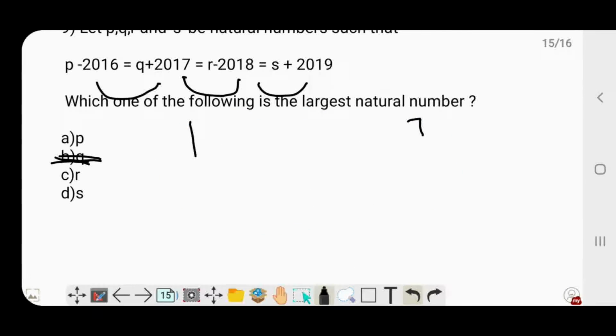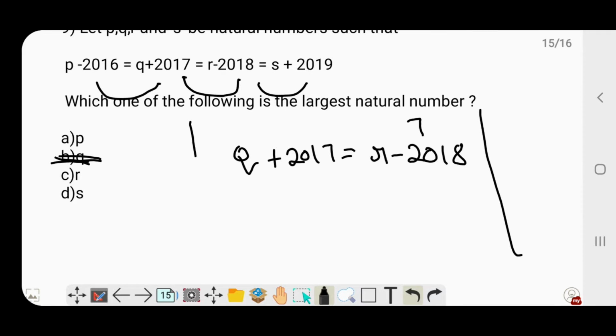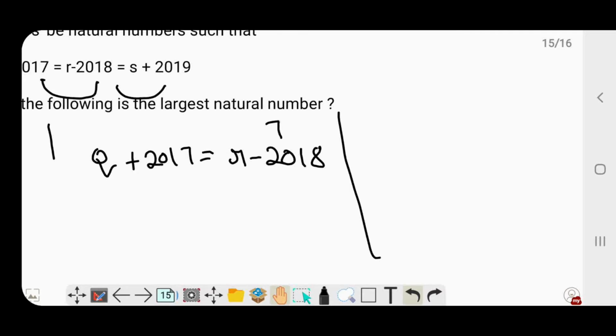The second one is Q plus 2017 is equal to R minus 2018. I will write to the side that P minus Q is equal to 4033, because we may need it later on.